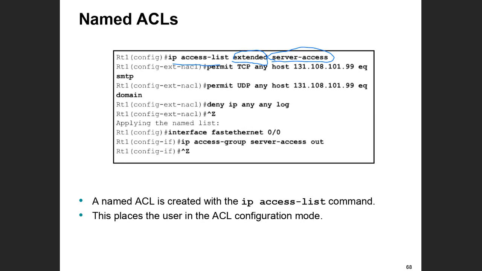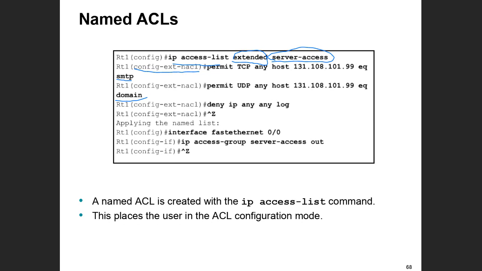The prompt changes to a prompt we have never seen before. We're configuring an extended named access control list. And this one has a couple statements to permit TCP for simple mail transfer protocol, port 25, and permit UDP for the DNS lookup function. DNS lookup is UDP.